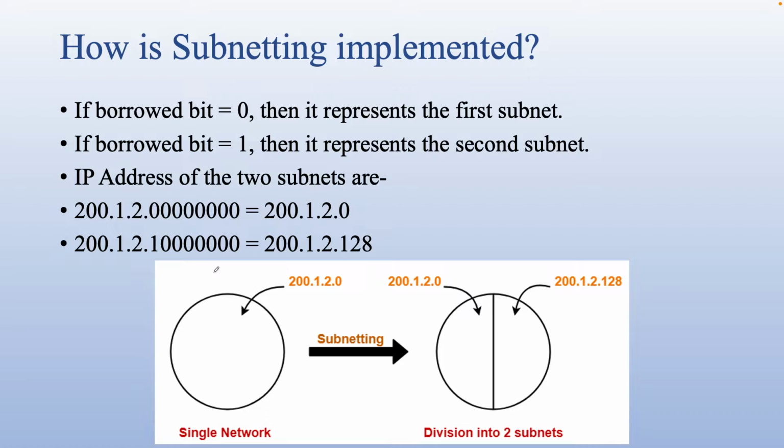You can see in this example that we have expanded the last octet, all zeros are there, and we have fixed this first 0 as constant. We cannot change this value, and this first bit is fixed as 1 in the second network, right? Now if you convert this into decimal, all zeros will be converted into decimal.